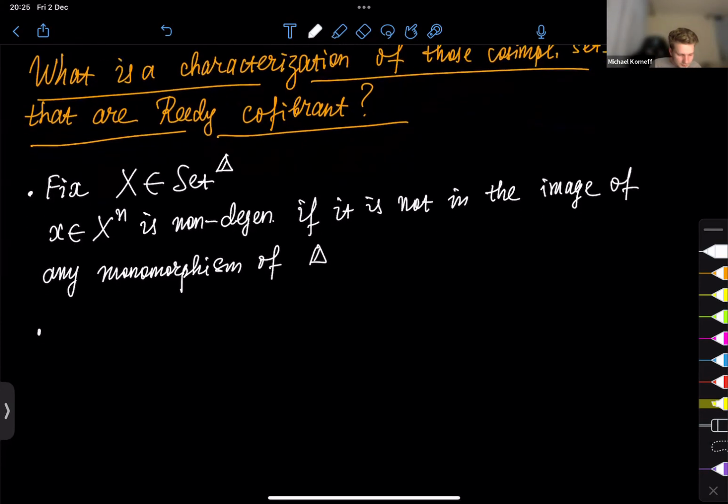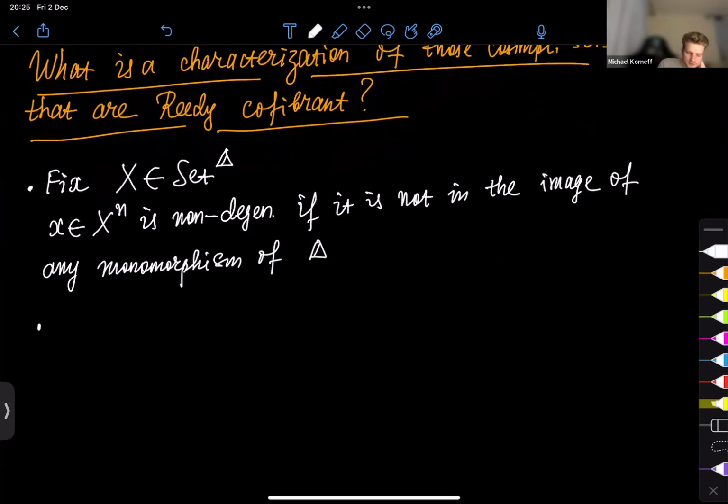Okay, and the nth Latching object is a monomorphism when each such expression, what is the expression?